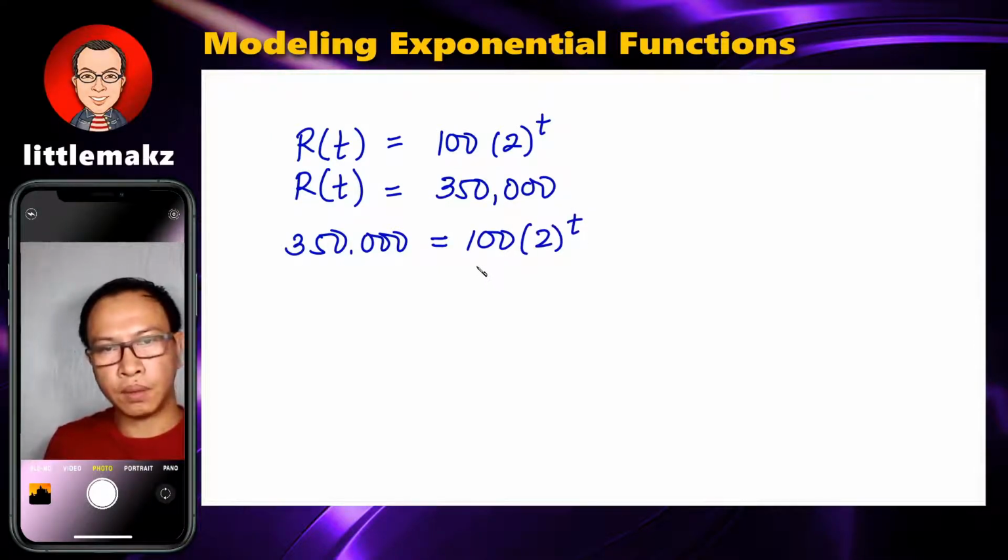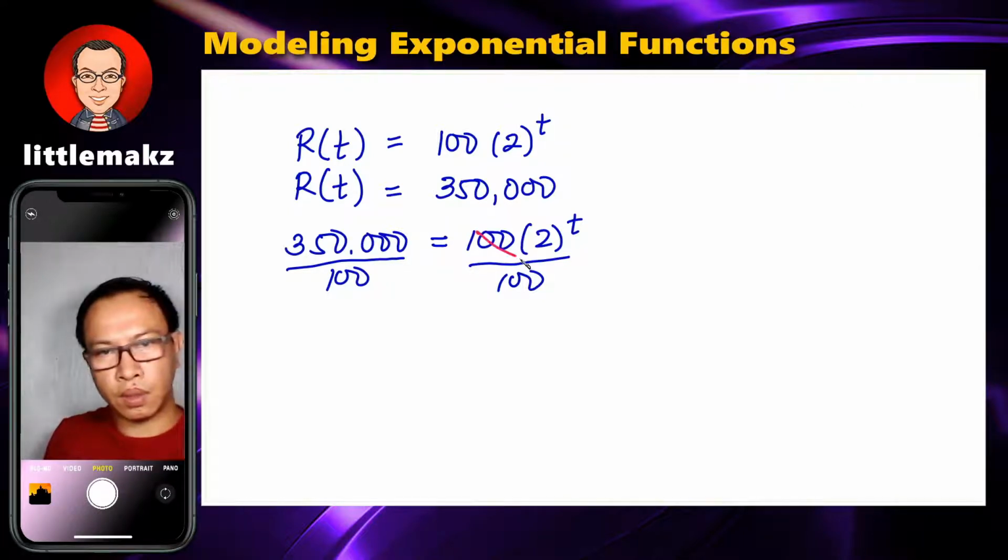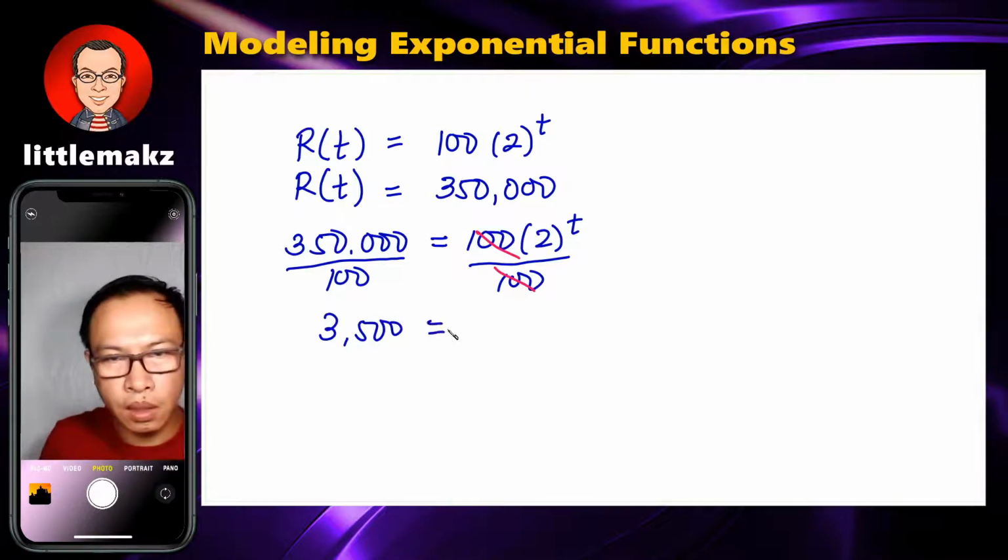Now, from here, we could simplify by dividing by 100. Okay, divide both sides of the equation by 100 so that we could have 350,000 simplified. So this is going to be 3,500, and this is 2 to the power of t, and we could simply get their logarithms.